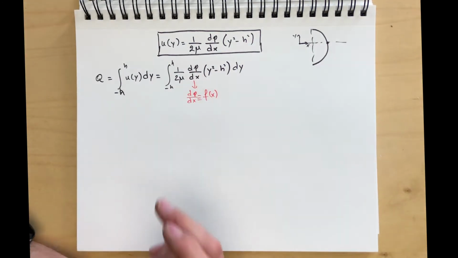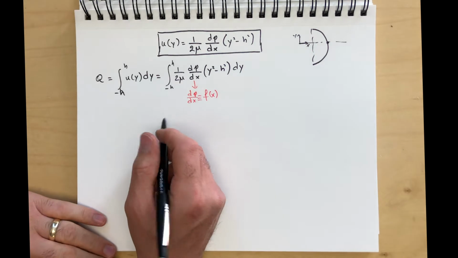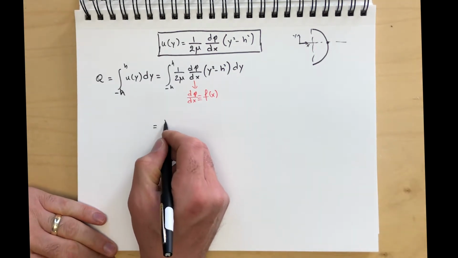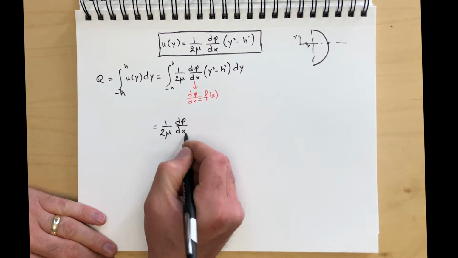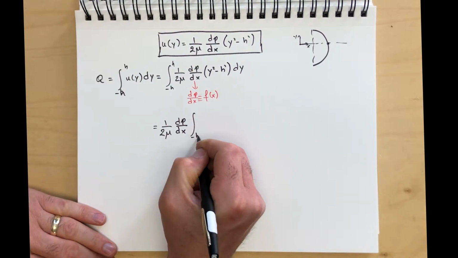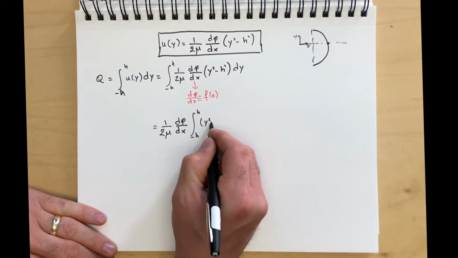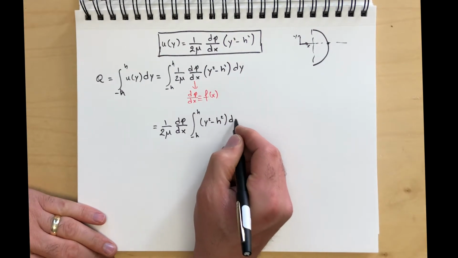So this thing can come out of the integral, and the result would be 1 over 2 mu dp by dx, integral from minus h to h of y squared minus h squared dy.